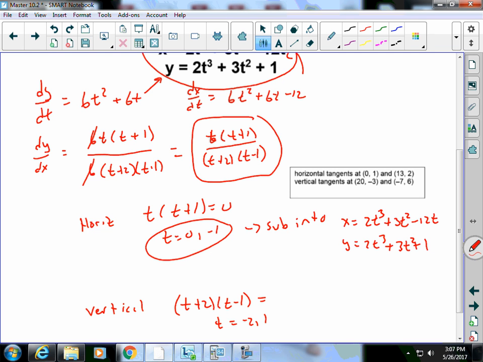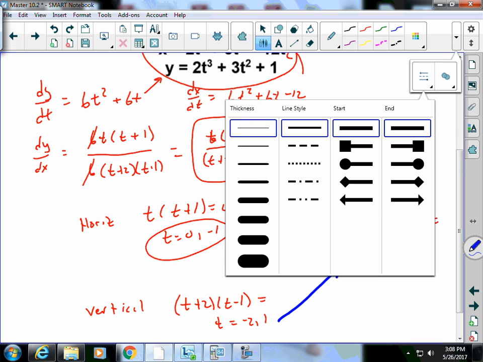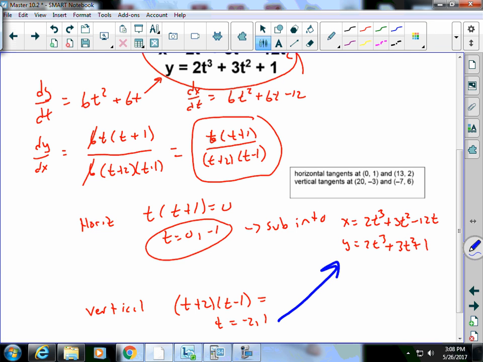That's going to get me that. And then to find the vertical, again, I'm going to sub into that same equation. That gives me the points where the tangents are vertical. So it's important to be able to do that. But I think that's a simple enough concept for you to do on your own.